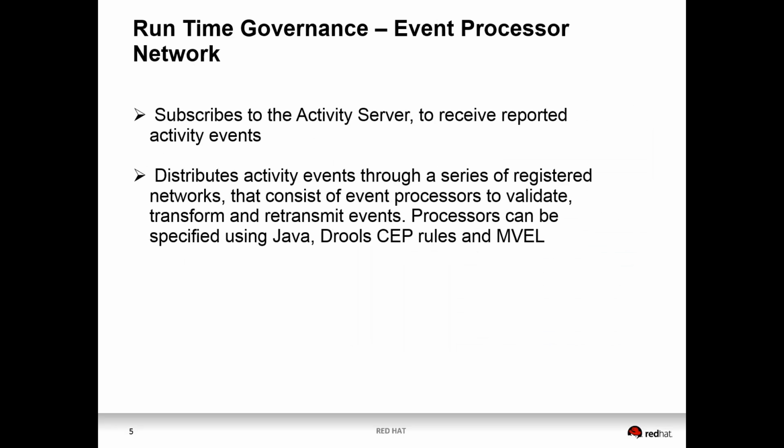Each event processor node defines the following: an optional predicate to determine whether the event is of interest, and an event processor to perform the actual task of event processing. The processors can be specified using Java, Drools, CEP rules, and MVEL.